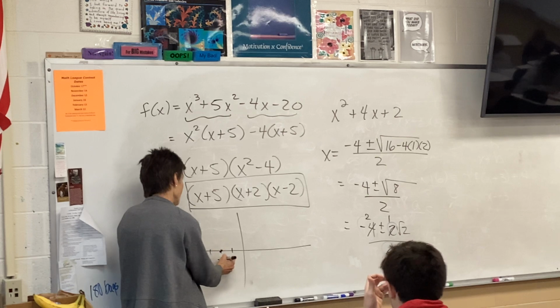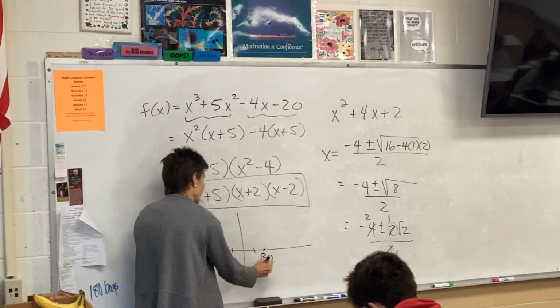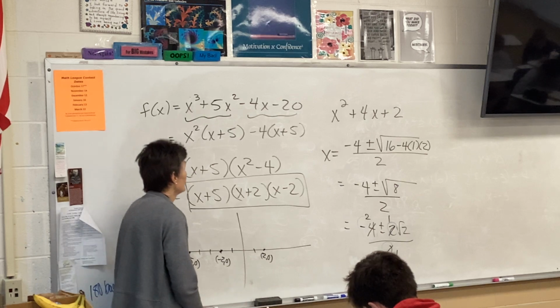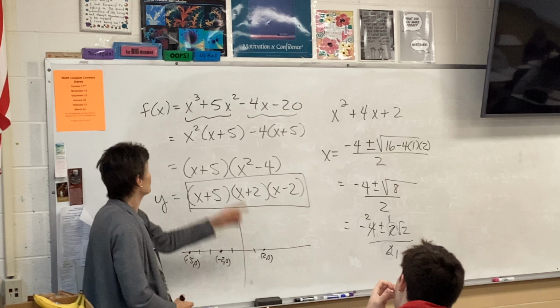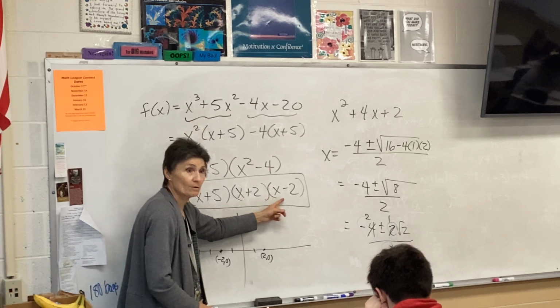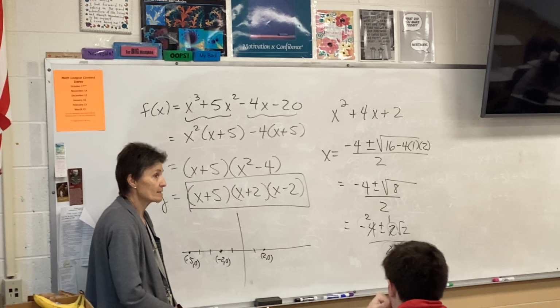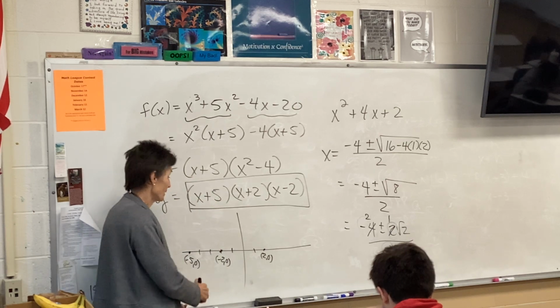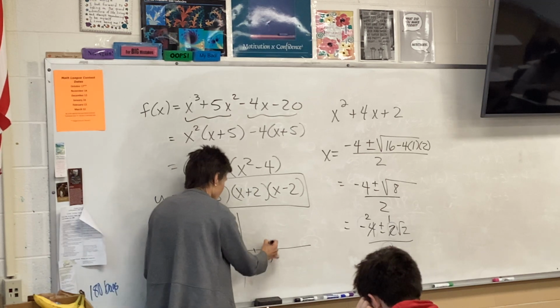Negative 2 and 2. And this is just a regular old cubic, isn't it? There's nothing squared or bouncing or negative or anything weird. So where does it start? At the bottom. And it just connects.